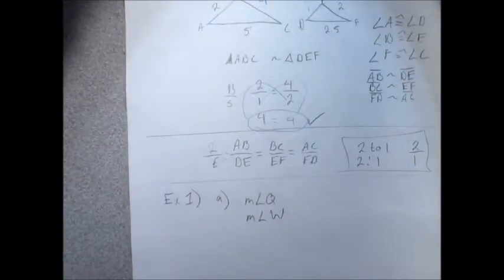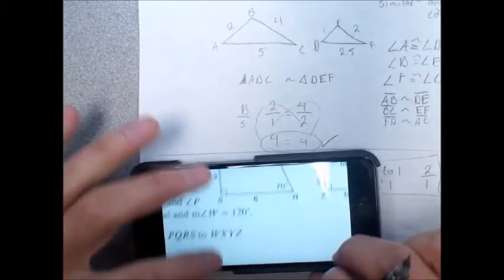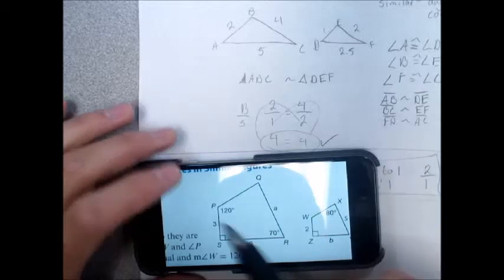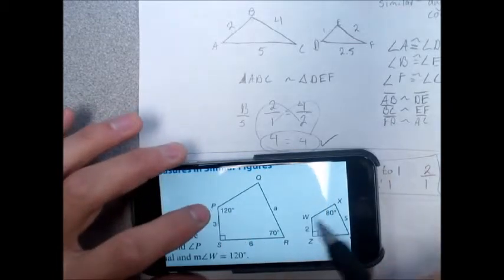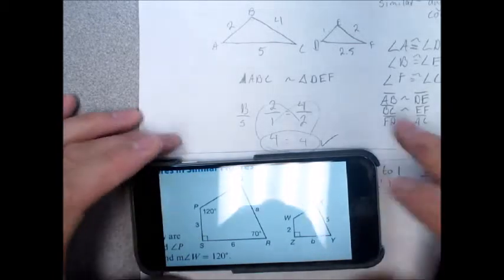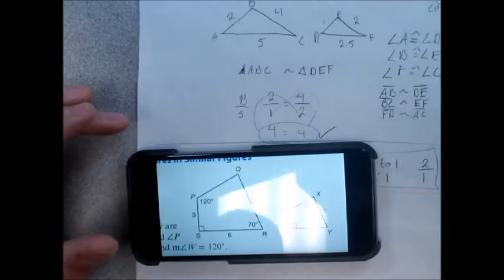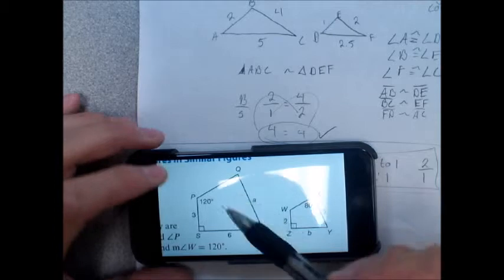So again, I look at my figure, and it tells us at the beginning, it says PQRS is similar to, keeping in mind the order, WXYZ. If they're similar, this should make our life a lot easier because all of the angles should be congruent.